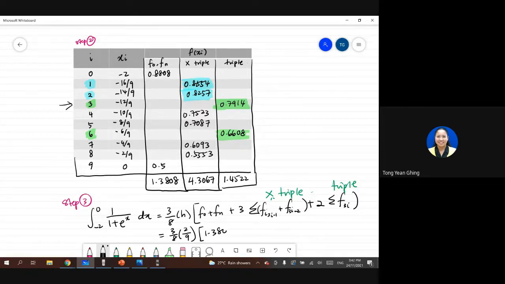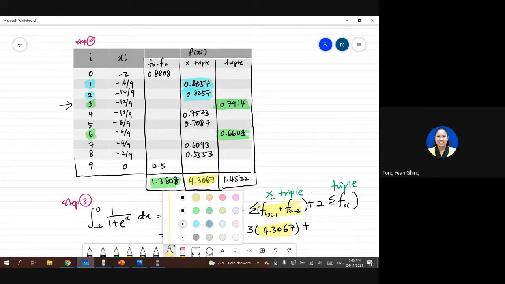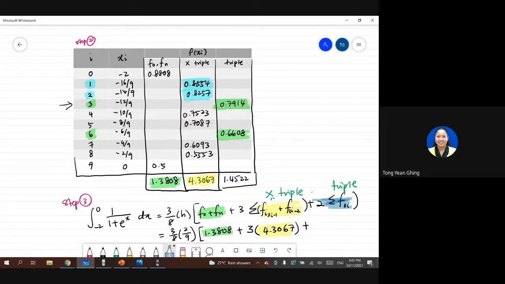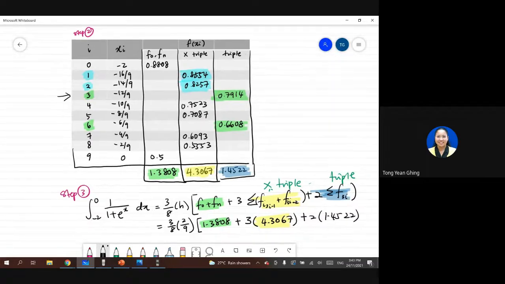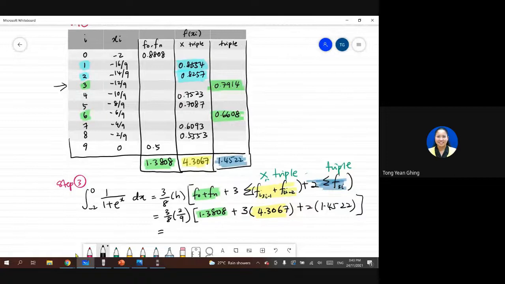This one is 1.3808, which we already calculated. Plus 3 times the sum of those that are not multiples of 3, which is 4.3067, plus 2 times the sum of those that are multiples of 3, which is 1.4522. Just calculate, and you get 1.4338.